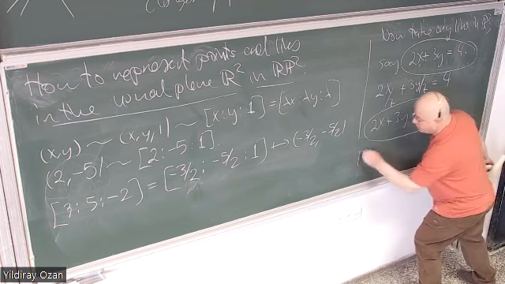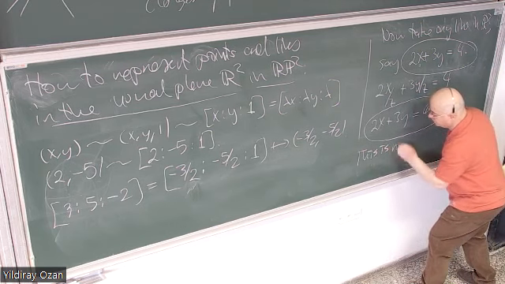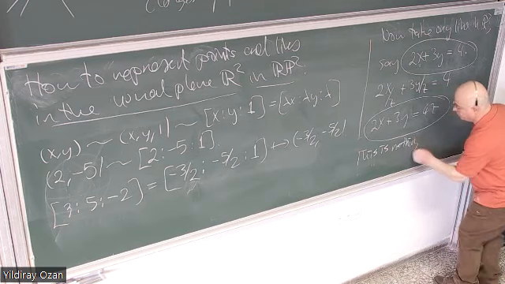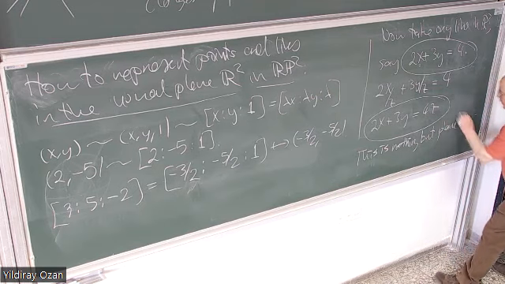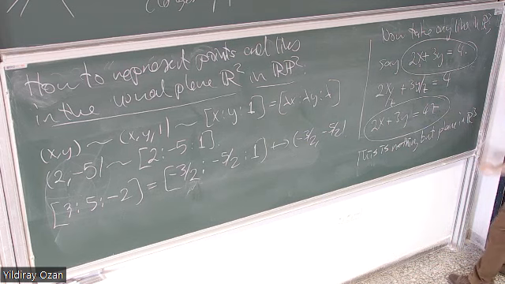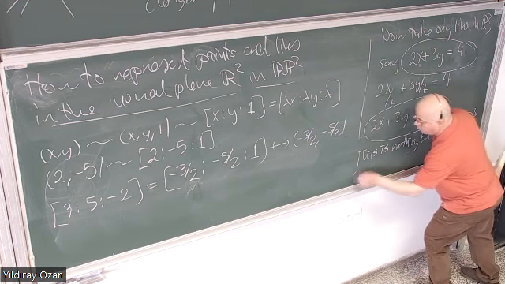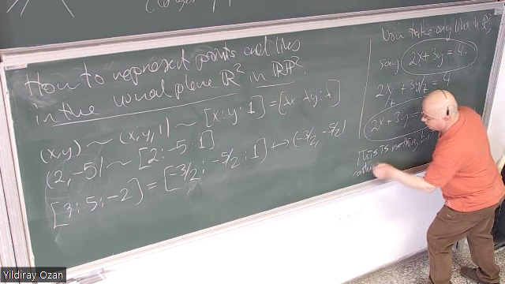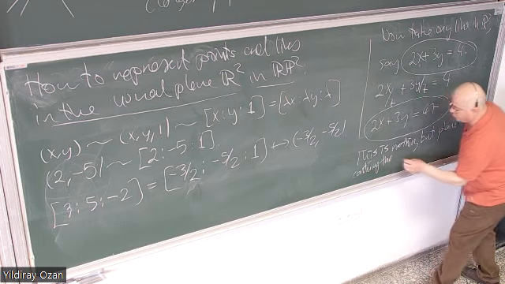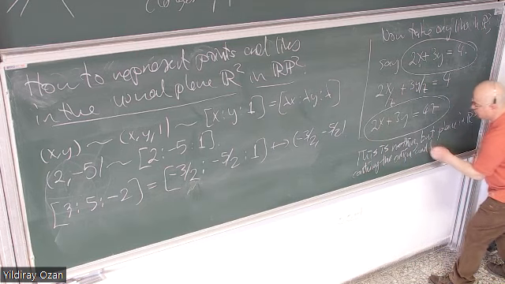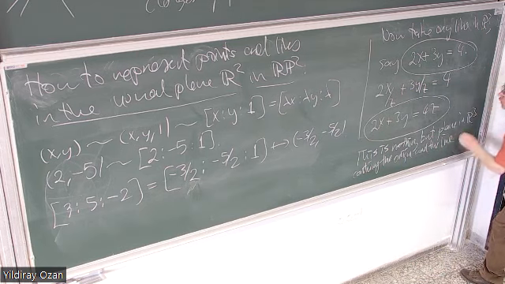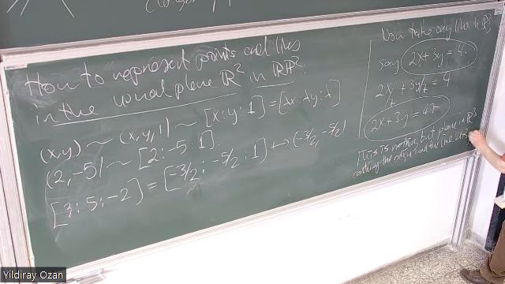This is nothing but the plane in R3 containing the origin and the line 2x plus 3y equals 4.